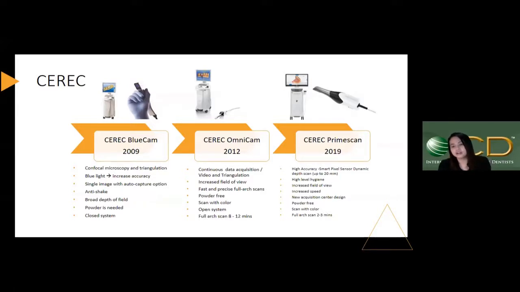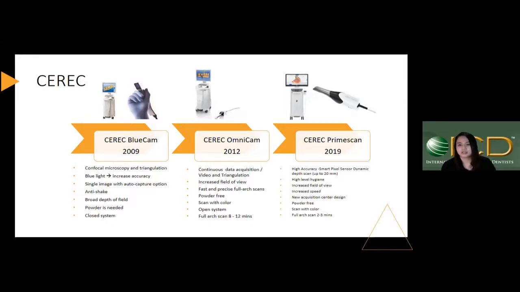Then later on, the newest version of CEREC, the CEREC Primescan, was released in 2019. It is a high accuracy smart pixel sensor with dynamic depth scan. They said that this intraoral scanner has a better sensor to scan deeper parts, up to 20 millimeters.